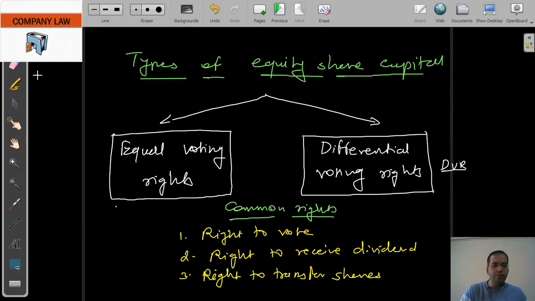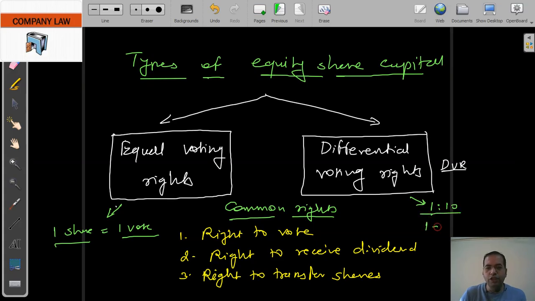But if differential voting rights are given, and the company decides that we will give differential voting rights, for example, if I hold one share, it may be equivalent to 10 votes.